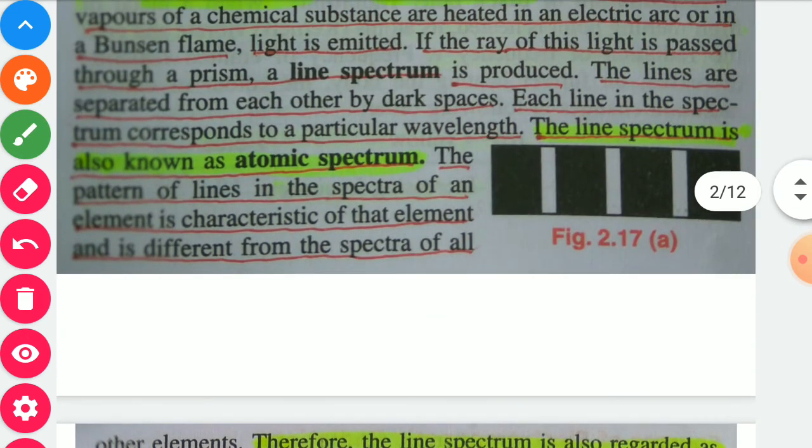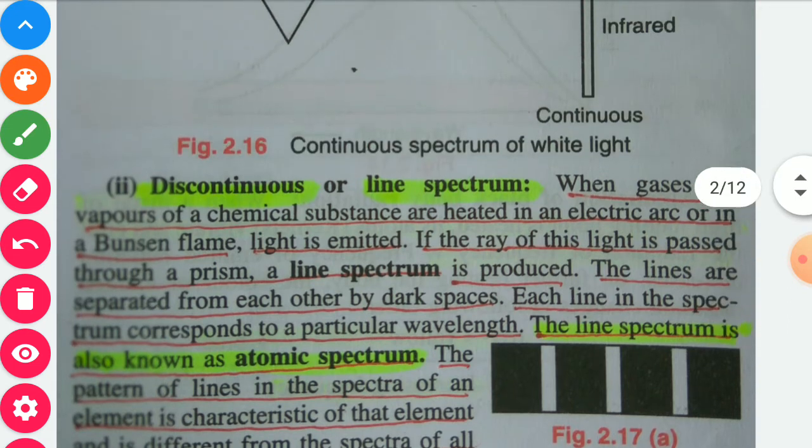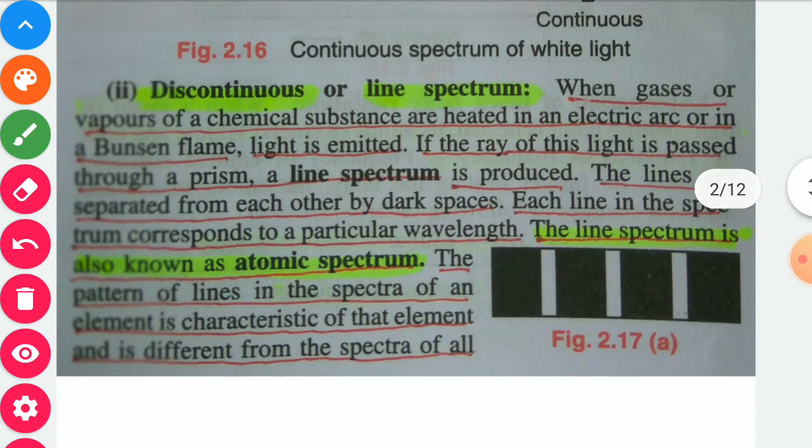Here in this figure, these white lines are the spectrum of different colors, and these dark boundaries are separation between different lines. Means in discontinuous or line spectrum, the spectrum lines are separated by dark color.